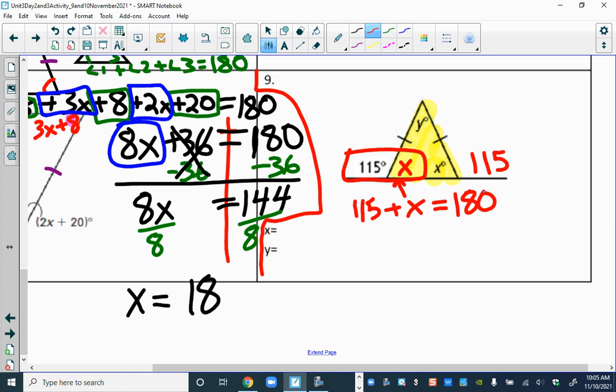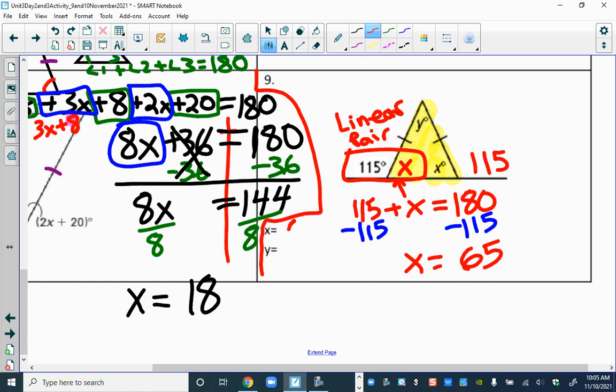But then, this is a linear pair. They have to add up to 180, so you have to subtract 180 minus 115. So x is going to be 65.